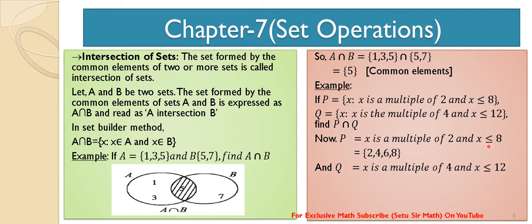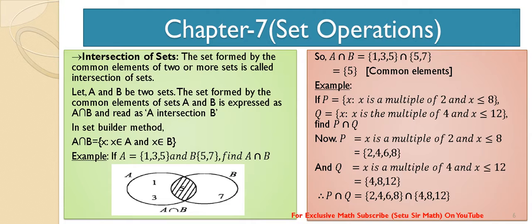Less than or equal means we can take 8 also, but not more than 8. And Q equals x is a multiple of 4 and x less than or equal to 12. That means these elements are multiples of 4 and not more than 12. So 4, 8, 12 we find, because 12 we can take, because this is an equal sign also.